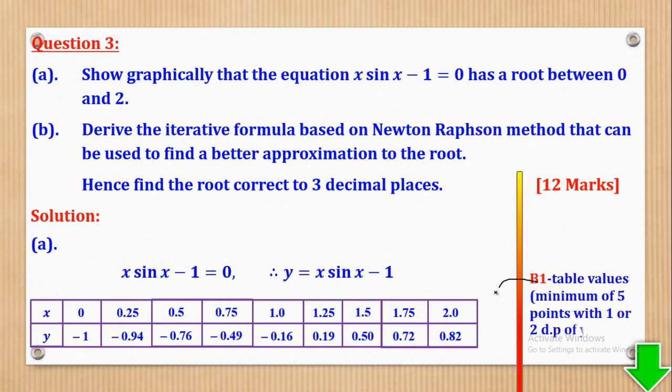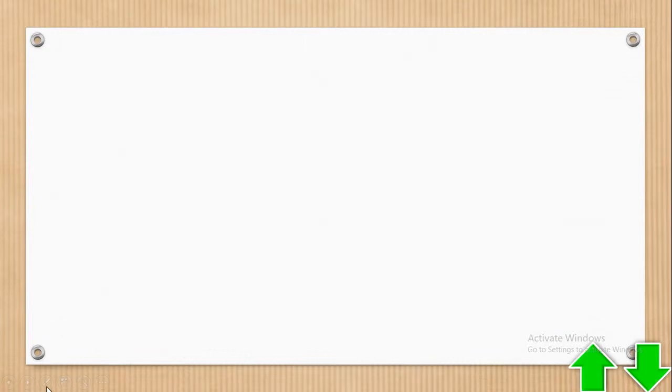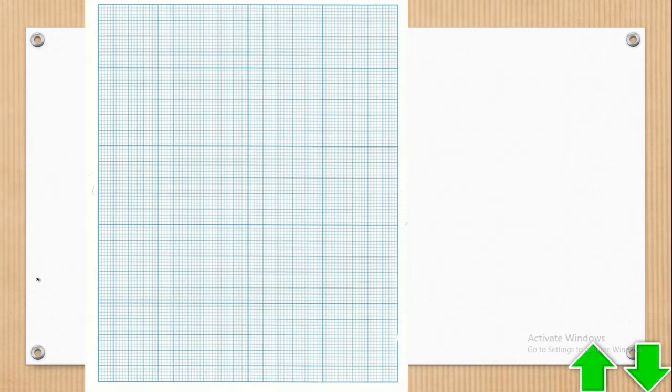B1 will be for now tabulating these values. So next is to plot our graph. So there we need our graph paper. Then on the graph paper we shall plot the x and y axis.